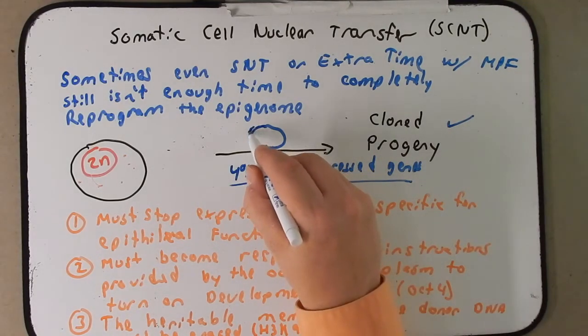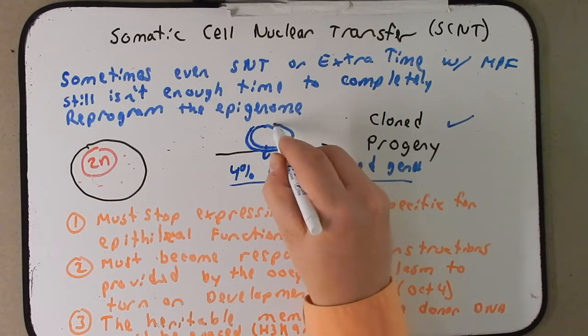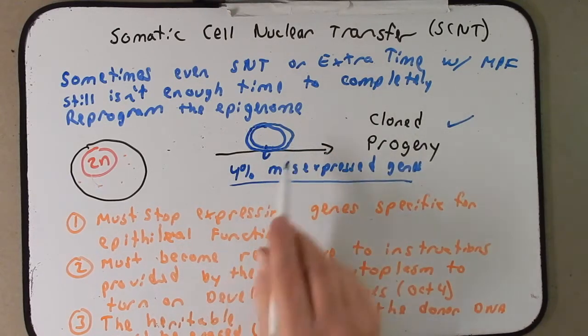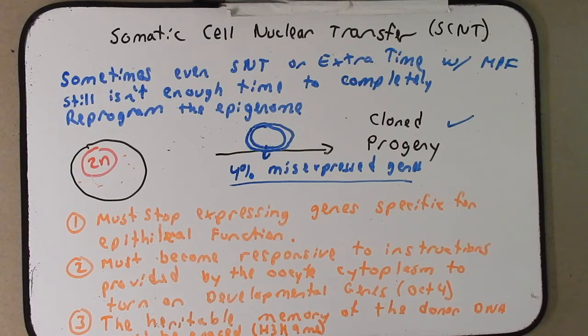We see more misexpressed genes in the trophoblast cells, those that will go on to become the placenta. And we think that might be because those cells are set much sooner than those of the inner mass cells. So they might not have had enough time to reset. And so we do see a little bit more misexpressed genes in the placental cells, the trophoblast cells that then go on to become placental cells.